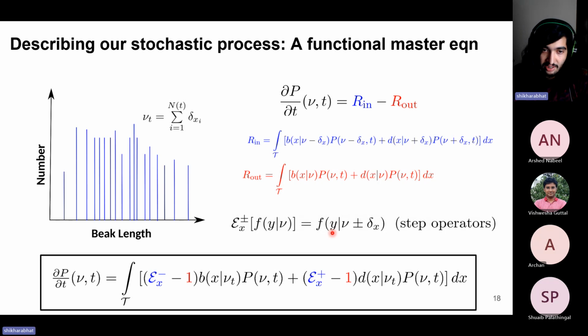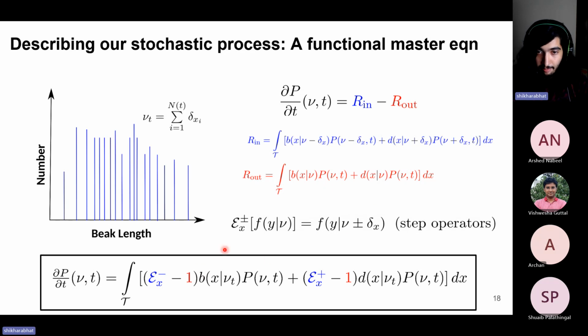I have color coded the terms. Here the first term we have B of x in a population nu minus delta x times P of nu minus delta x at time t. This I can rewrite with my step operator as E of x minus, which is just B of x P nu t perturbed by delta x.